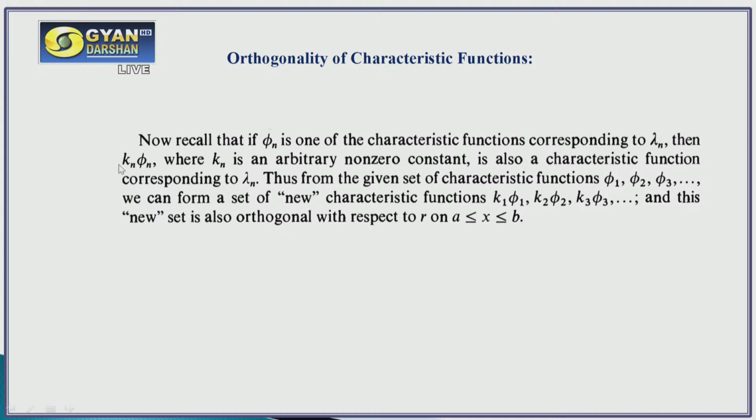Now we are multiplying each phi n with a constant k n so that phi n becomes orthonormal. These were our characteristic functions, and after a slight modification, this is our new set of characteristic functions where we have multiplied each function with a constant k1, k2, k3, etc. We have to find the values of k1, k2 and k3 in such a way that they become orthonormal.